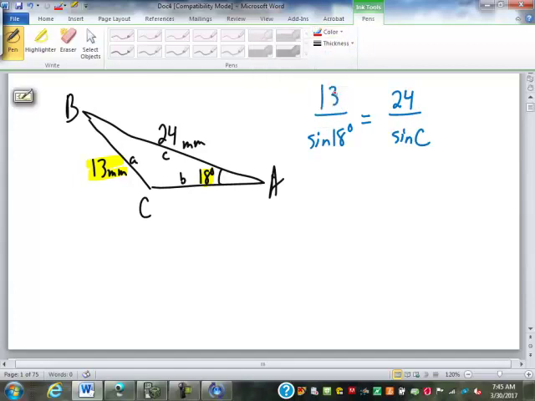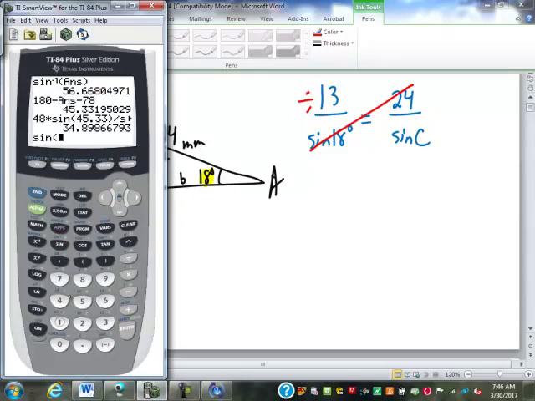Now here we have a drawing, and this drawing is pretty obvious that angle C is obtuse. When it's made this obvious, we can go ahead and assume that it's obtuse. So let's go ahead and cross multiply to get the sine of C here. So it's going to be the sine of 18 times 24 divided by 13.